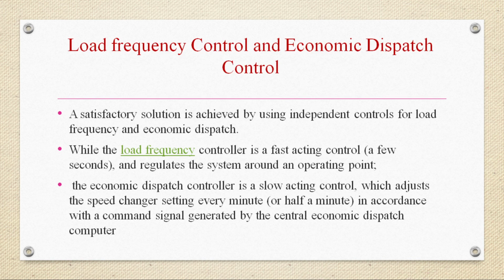Now let us see the load frequency control and economic dispatch control. We are not getting a satisfactory solution, but a satisfactory solution can be achieved by using independent control for load frequency and economic dispatch. So how can it be achieved? Load frequency control is a fast acting control and regulates the system around an operating point. The economic dispatch controller is a slow acting control which adjusts the speed changer setting every minute in accordance with the command signal generated by the central economic dispatch computer.